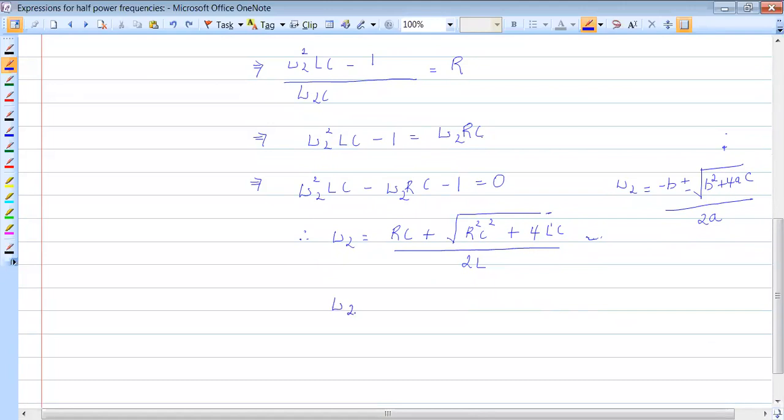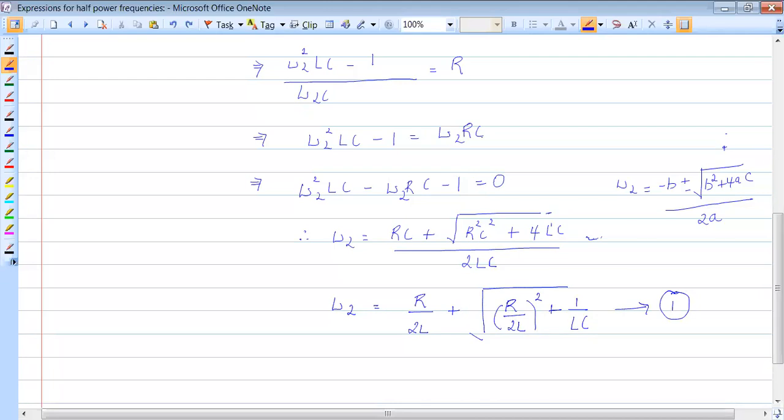So omega 2 would be R by 2L, plus square root of R by 2L whole squared plus 1 by LC. So this is your equation number 1.